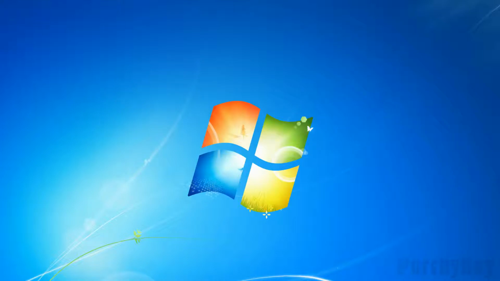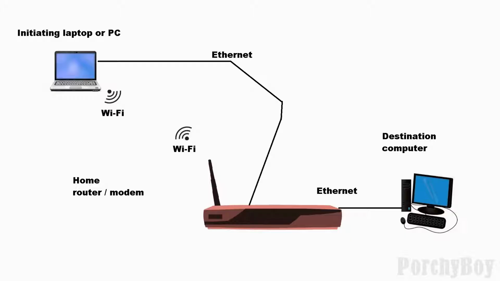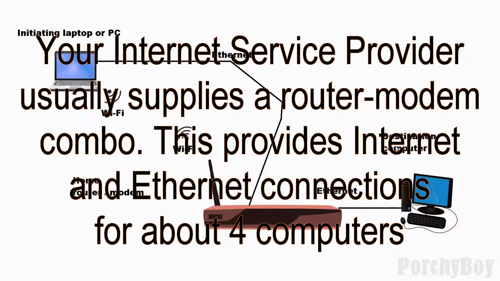Now typically, when you have a couple of computers in your house, you would have something like this for a setup. You'd have your laptop or PC either wired into the router / modem if it's from an ISP provider, and maybe another computer also hooked up.